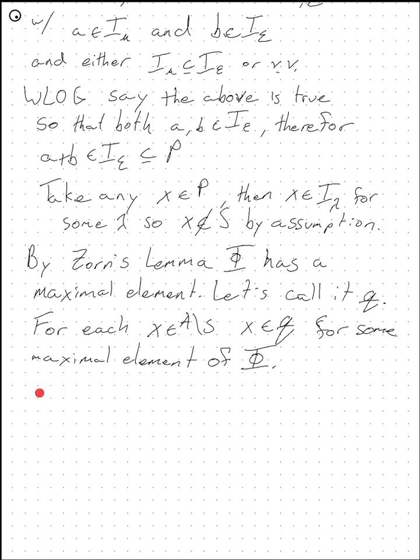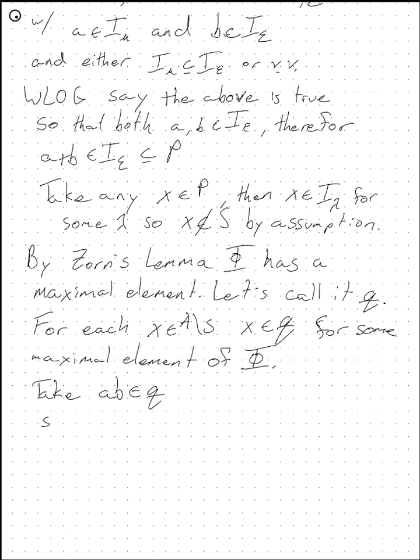Okay. So take the product of two elements in Q. And Q is an ideal. We want to show that either A or B is in Q. Okay.